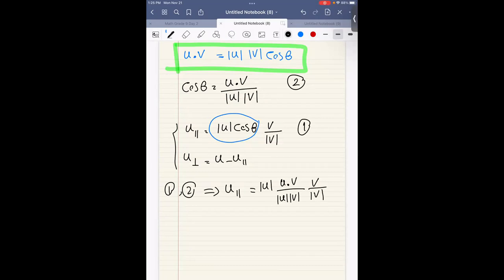Now the good thing here is that the magnitude of u is gone. They cancel out each other, and what you get is u parallel is equal to u dot v over magnitude of v times magnitude of v times v.